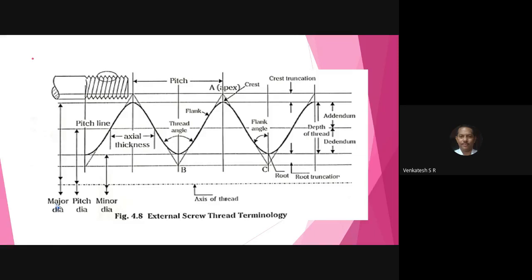Remember, the two sharp edges or peak points of the thread is called pitch. And if you touch the surface with your bare finger, you feel you are touching the sharp edge, that is called major diameter.